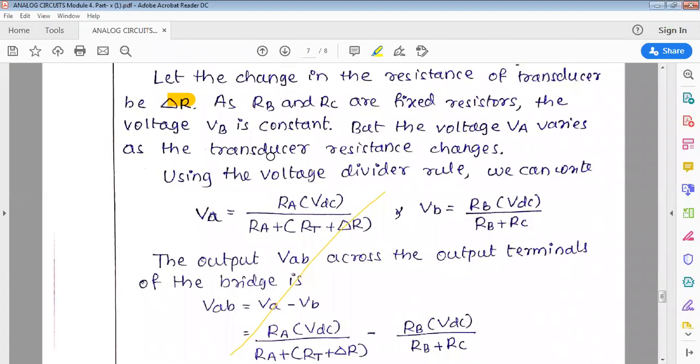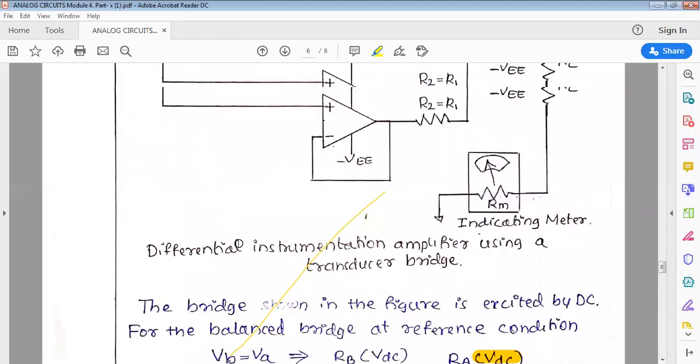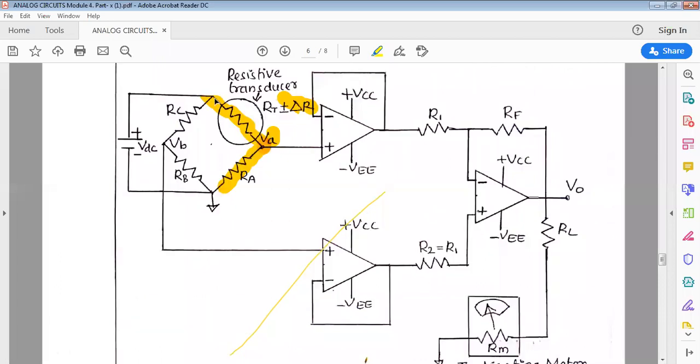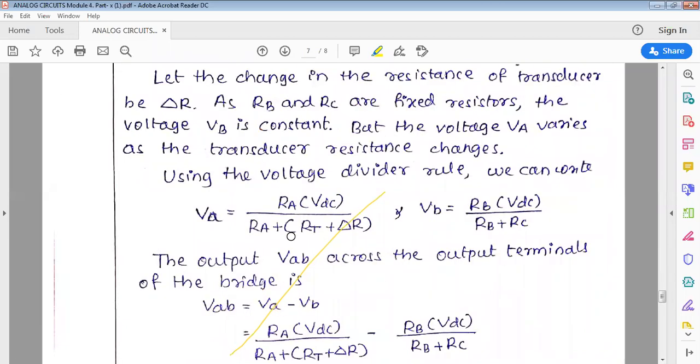Now, using the voltage divider rule, what can we write VA equal to? VA equal to the overall resistance, that is this resistance, plus this resistance, that I have written here, in the denominator, into VDC.